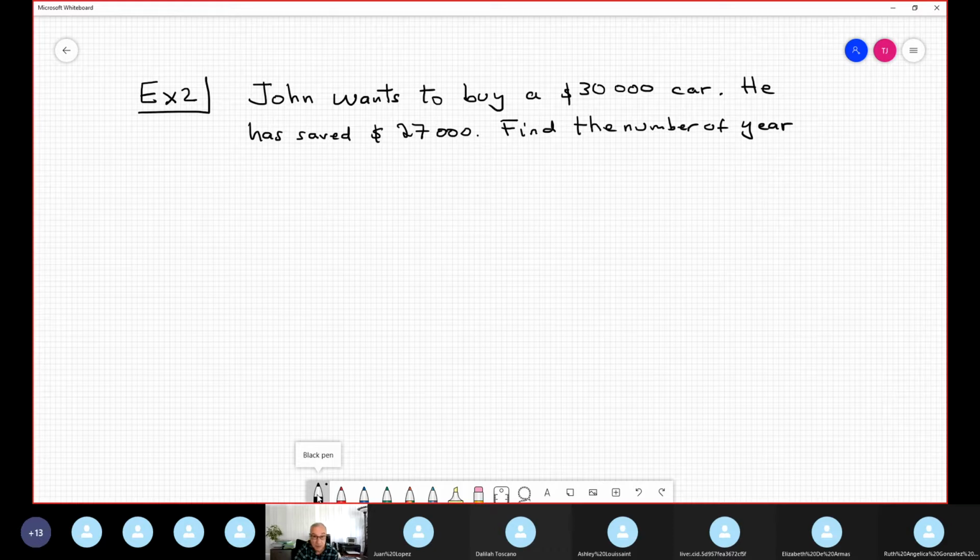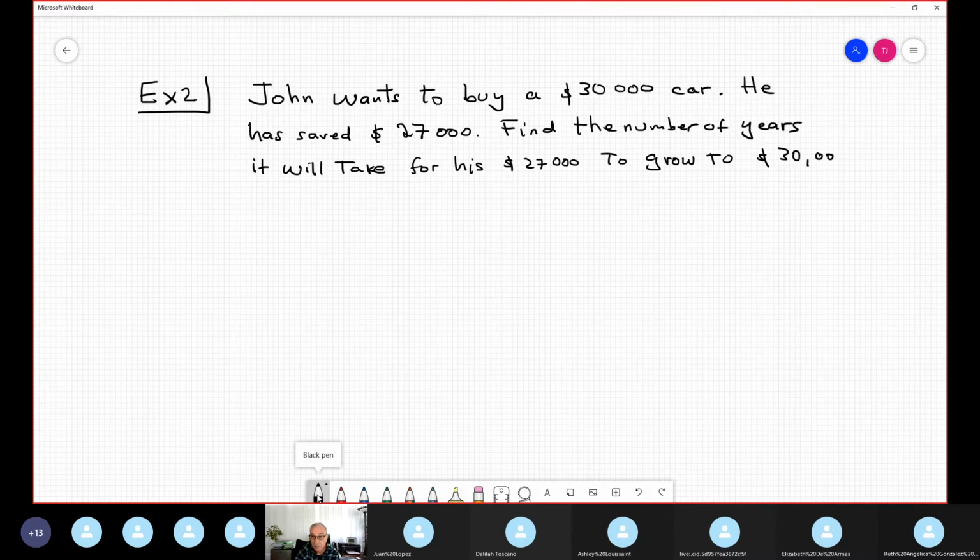Find the number of years, plural, several years, it will take for his 27,000 to grow to 30,000 at 4% in the account in the bank, compounded quarterly.